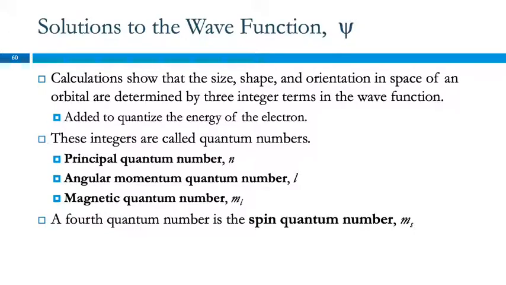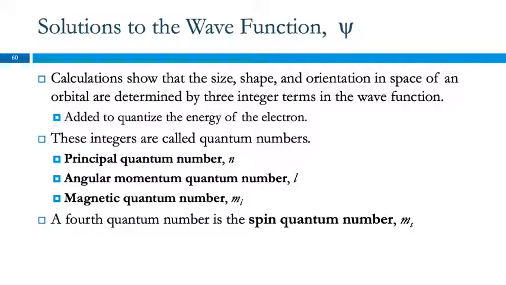The size, shape, and orientation in space of that orbital are determined by 3 integer terms in that wave function. So there are 3 variables in the wave function that, depending on what value those have, describe a different orbital.